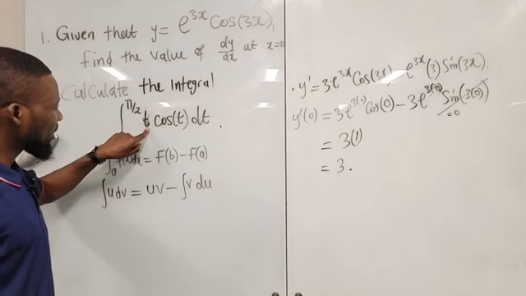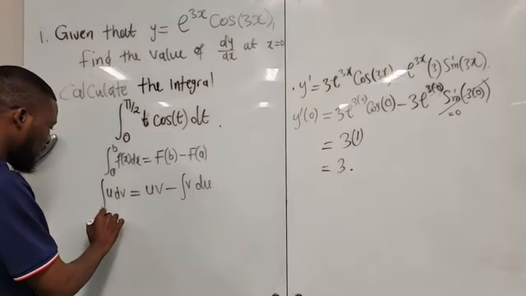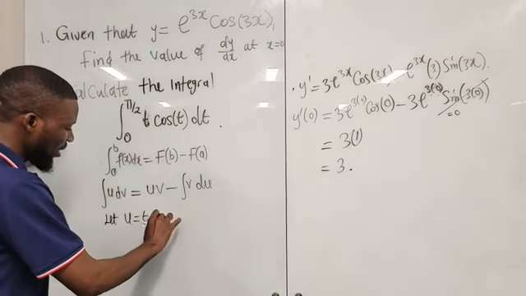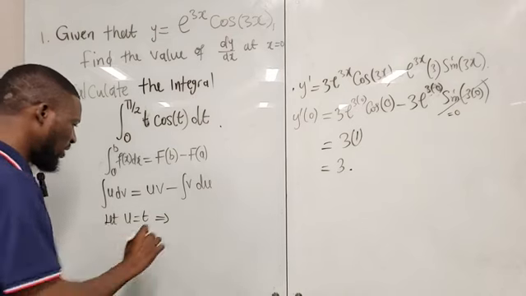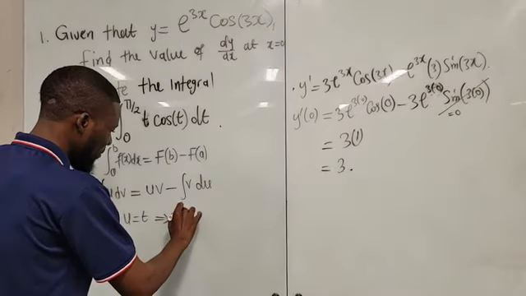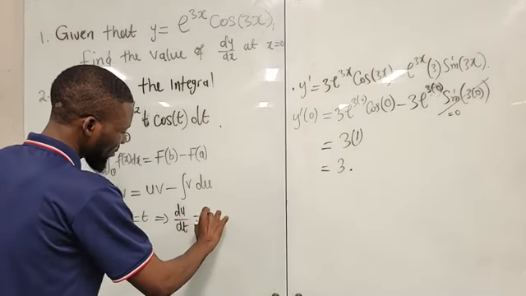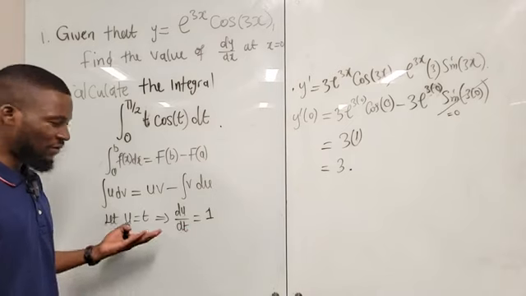So in this case, our choice of u will be t. Let u be equal to t, and this implies that du with respect to t is equal to 1. If I differentiate 1 again, I get 0, so it vanishes.